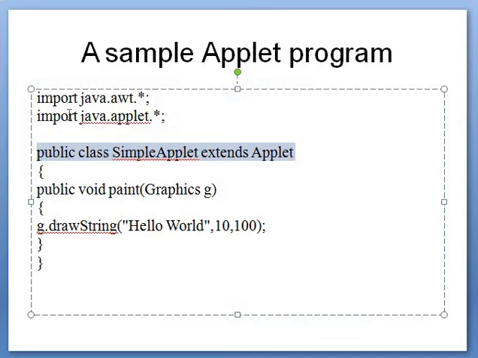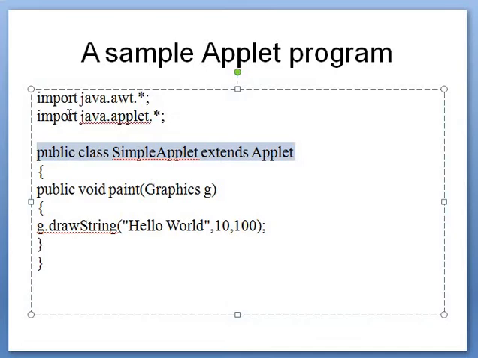Applets interact with the user through the AWT, not through console based IO classes. So here we are not going to use the Scanner class or similar classes for getting input through the keyboard. We will be using the AWT, so it is event driven. The AWT contains support for a window based graphical user interface.